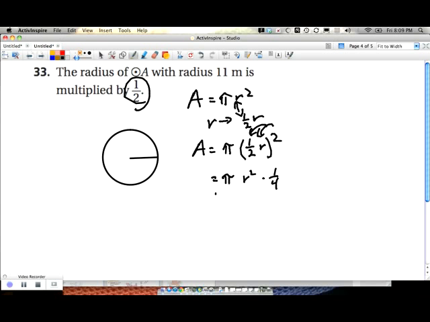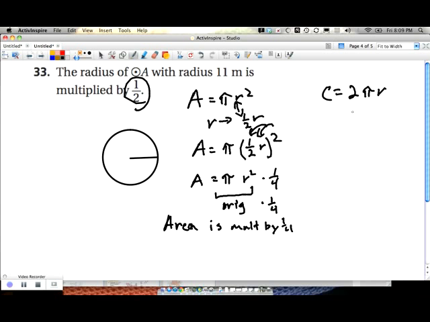So again, I have my original area times 1/4. So it's not times a half. The area is multiplied by a fourth. Let's look at the circumference. Circumference starts out as 2 pi r, but again, r is going to be changing. It's going to go to 1/2 r.